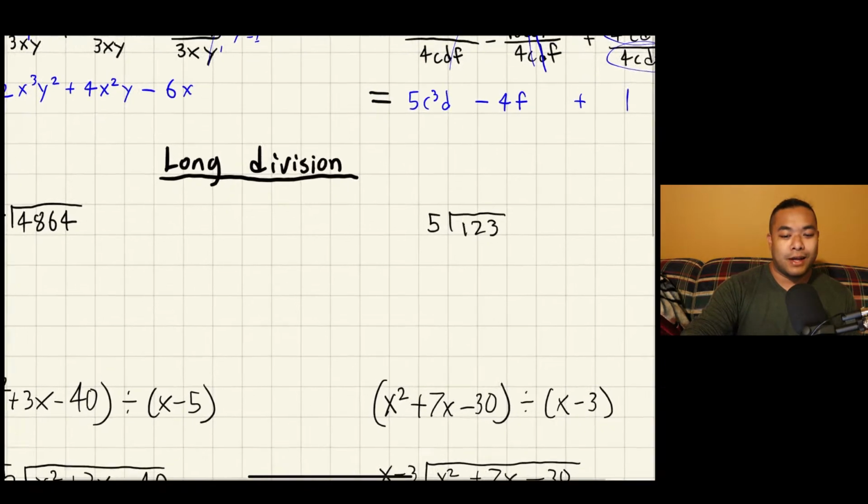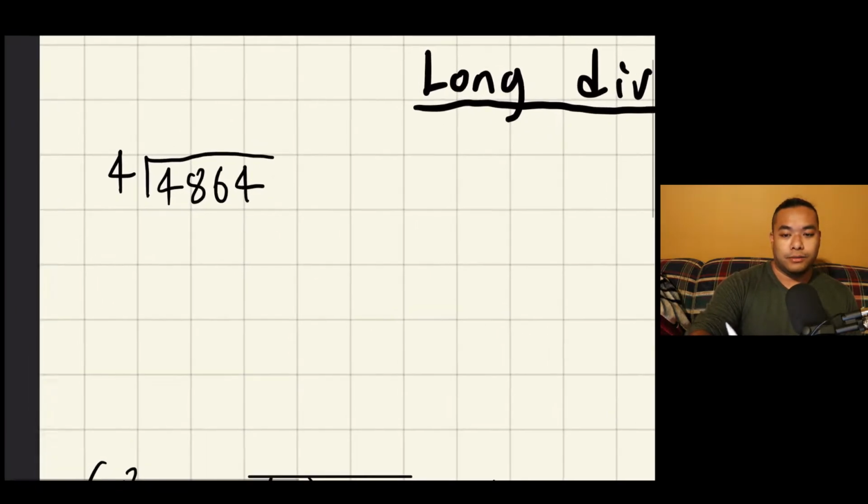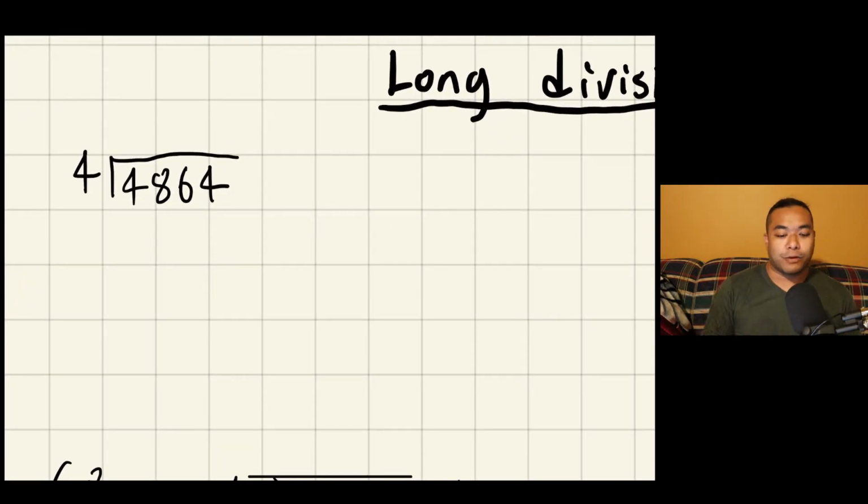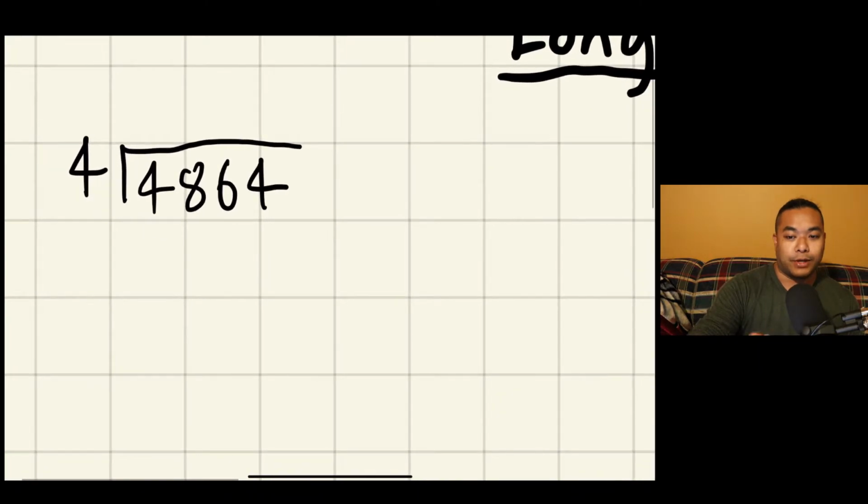So we learned that if I'm given 4,864 and I'm dividing it by 4, if I want to do it on paper without a calculator or not in my head, I could do this using the long division algorithm method. So put it in this shape and we tell ourselves, well, I think 48 is the biggest number so far that I can put 4 into, that I'm definitely sure about.